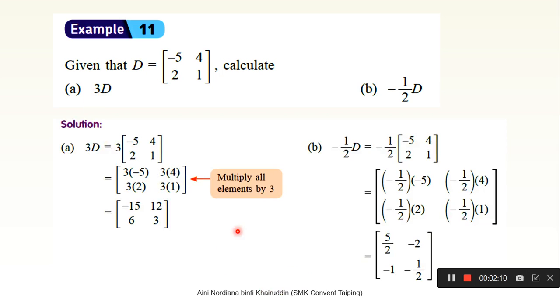So this is the answer. 3 times negative 5 is negative 15. 3 times 4 is 12. 3 times 2 is 6. 3 times 1 is 3. So this is the answer. For B, just multiply negative 1 over 2 to every element in the matrix. So this is the answer for B.